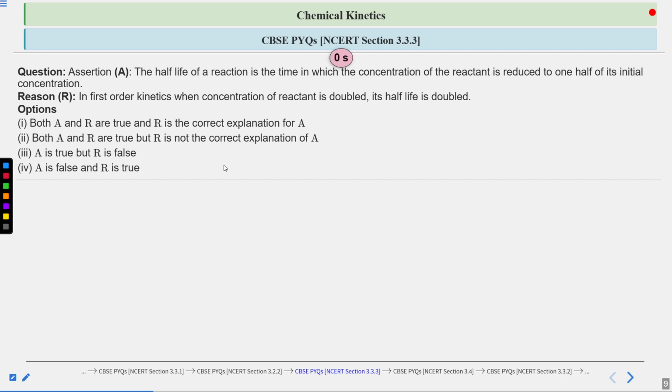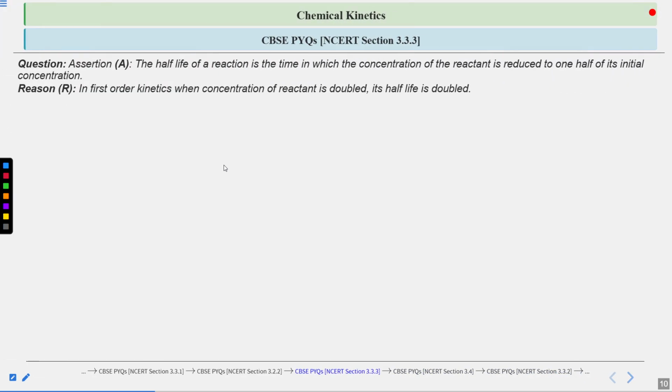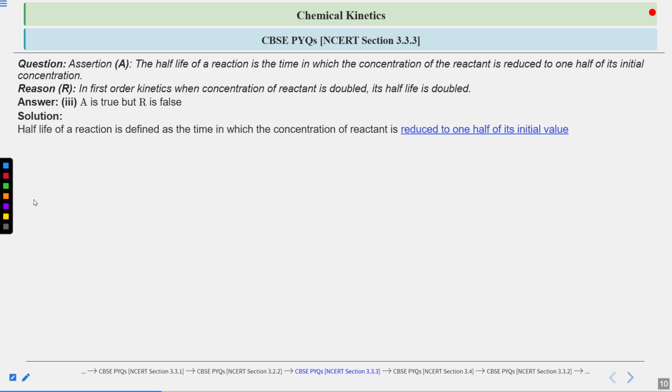Okay, let's see. So for this given question, the correct answer is the third option, that is, A is true, that is, the assertion is correct, but the reason is false. So we are talking about the half-life of the reaction.